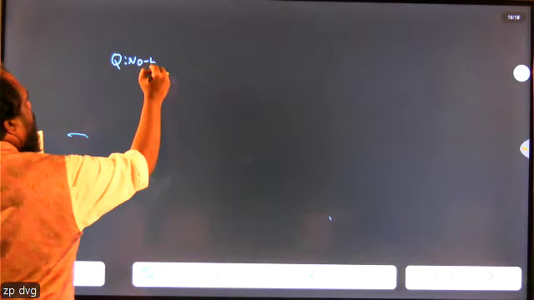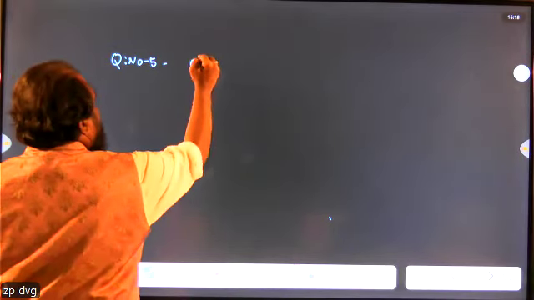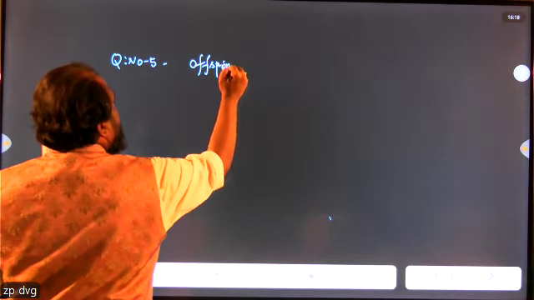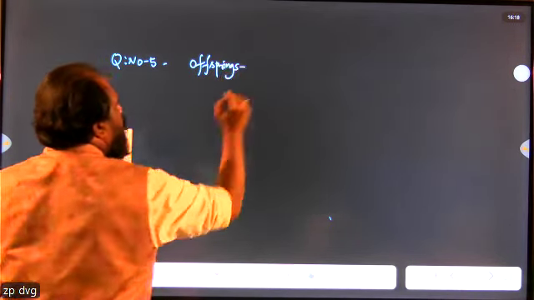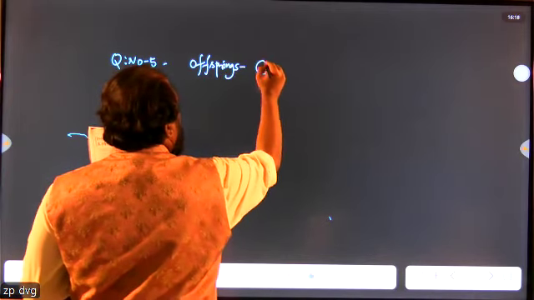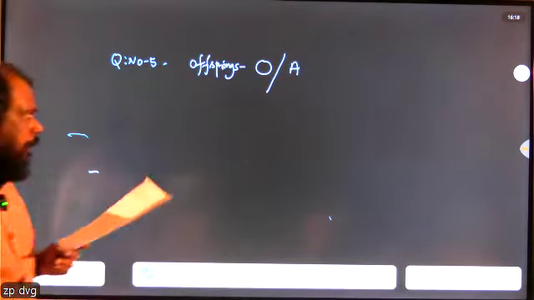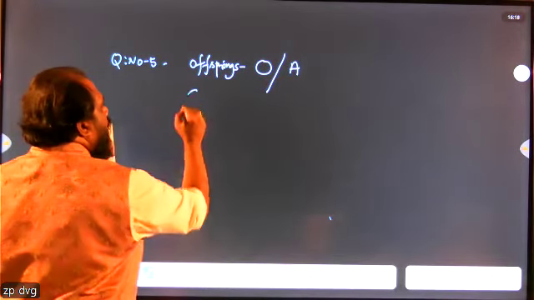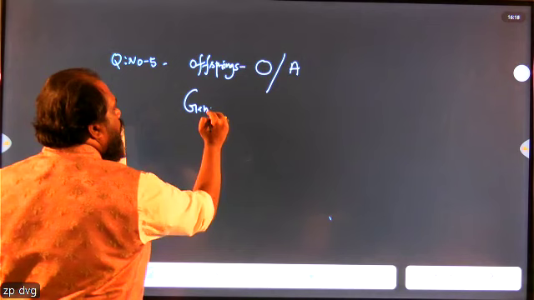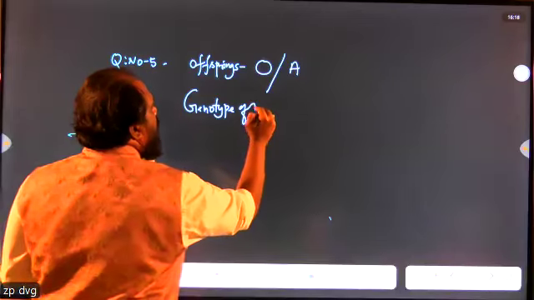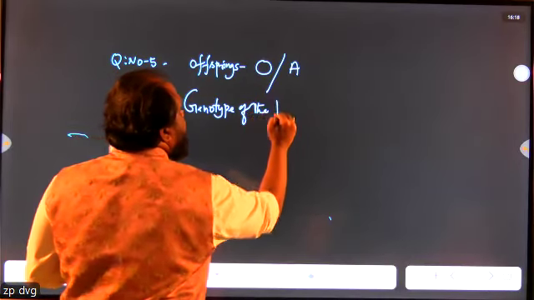What you have to understand is that they have given offspring having 2 blood groups. What are the blood groups? Blood group O and blood group A. Correct? What do we have to find out? We have to find out the genotype of the parents.